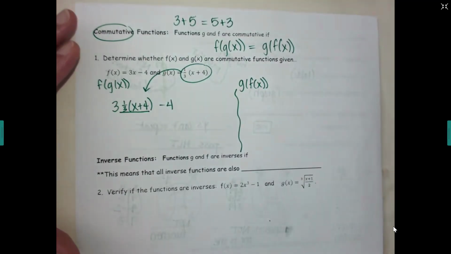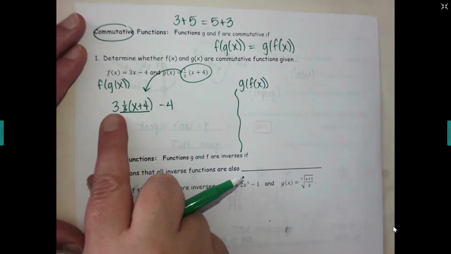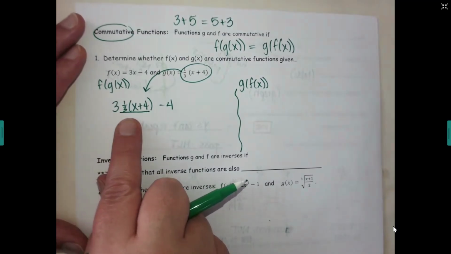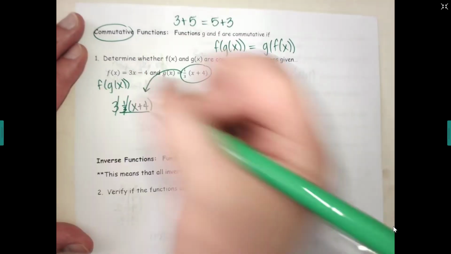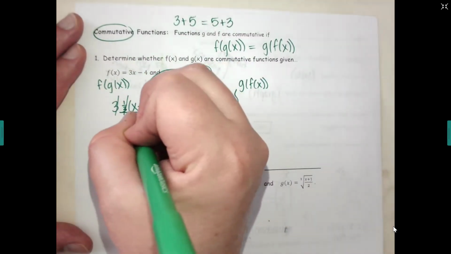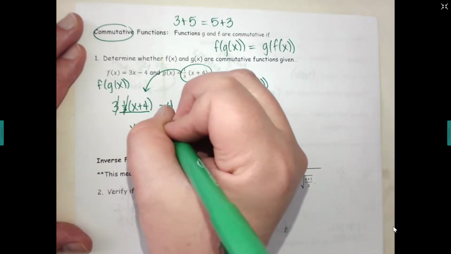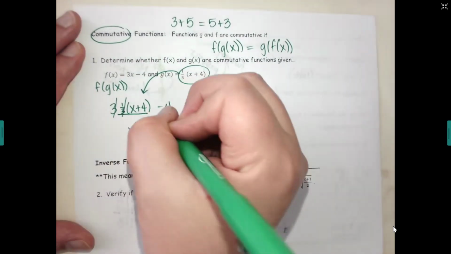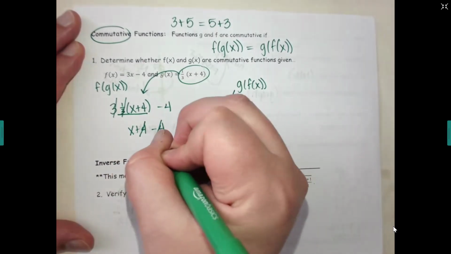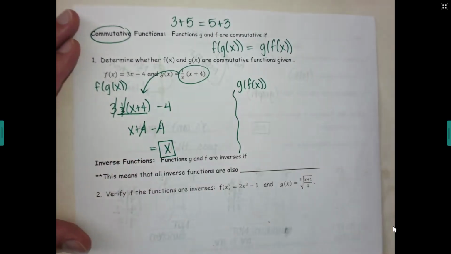What is going to happen when I have a times 3 and a 1/3, which is really a divide by 3? Cancel out. Then I have x plus 4 minus 4. What happens next? Cancel out, and all I'm left with is an x.